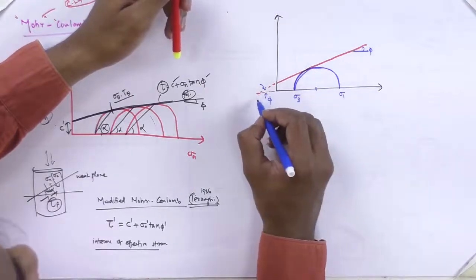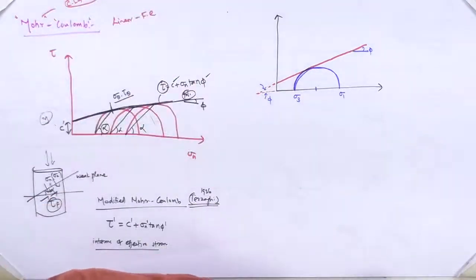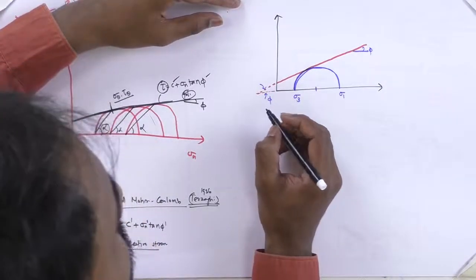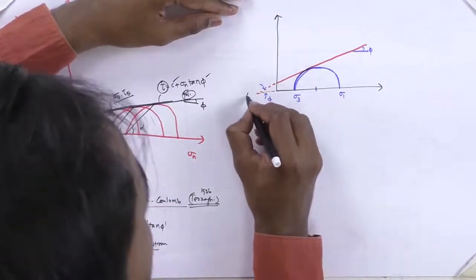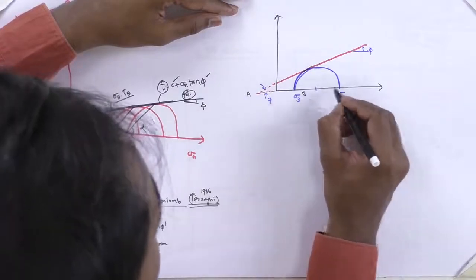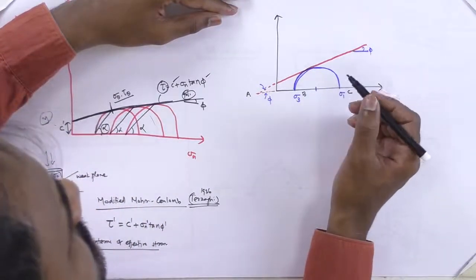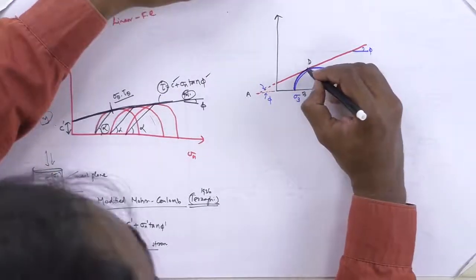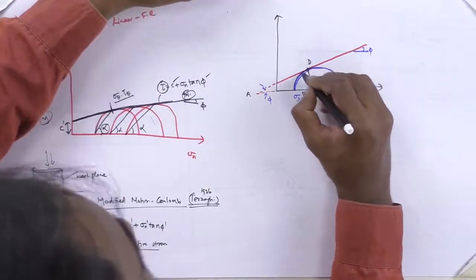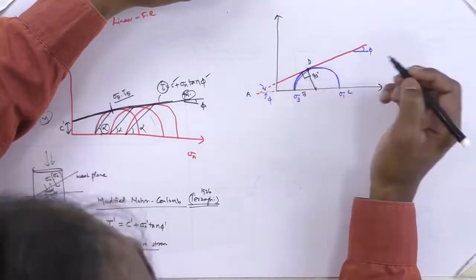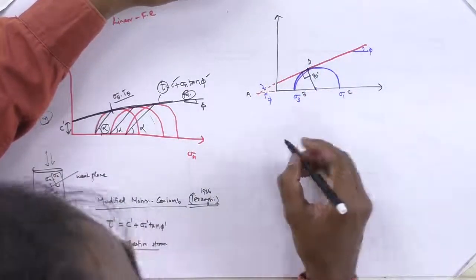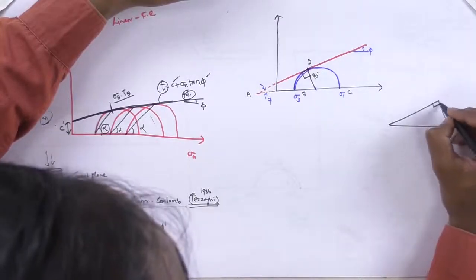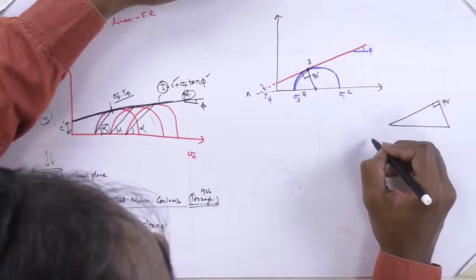So we get phi, and let us name these A, B, C, and this point is going to be D. I'm drawing it like this. This is perfectly 90 degrees.